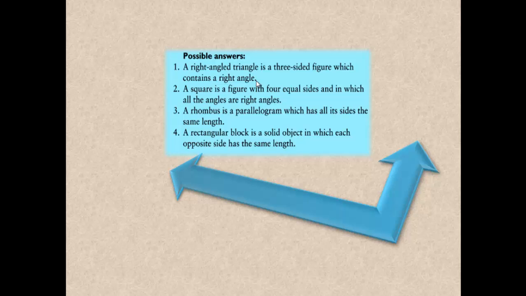Rhombus. What is a rhombus? It's a parallelogram which has all its sides the same length. Number 4. A rectangular block is a solid object in which each opposite side has the same length.